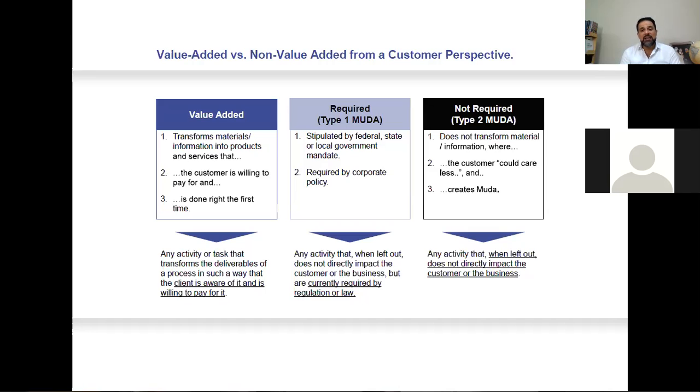On the other hand, if we make a mistake in the shop drawing and it goes back because we did not read, for example, the proper specification, this is another waste that the customer is not going to pay for, and it's not needed for the business.